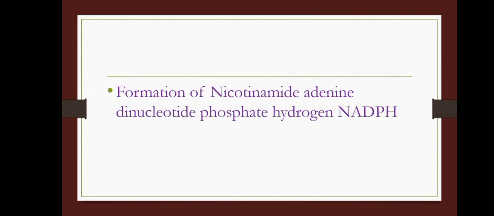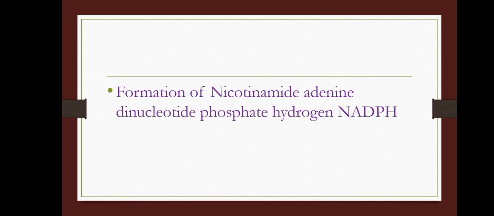Here, the hydrogen atom released above is immediately picked up by a coenzyme called NADP, in order to prevent its escape from the cell or recombining with oxygen to form water.